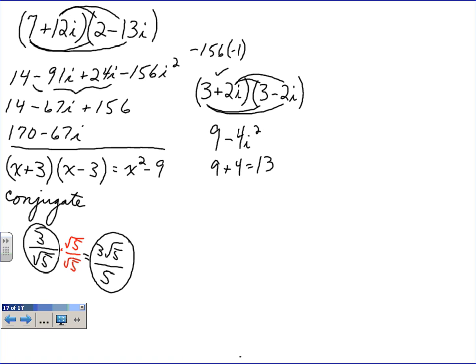So how will that help us? Well, if we take an example like, and I'm going to go to the next screen here, 2 plus 5i over, let's say 3 minus 6i. All right. If you know what the i is, we know that that's a radical. That's a square root. And we need to get that out of the denominator.